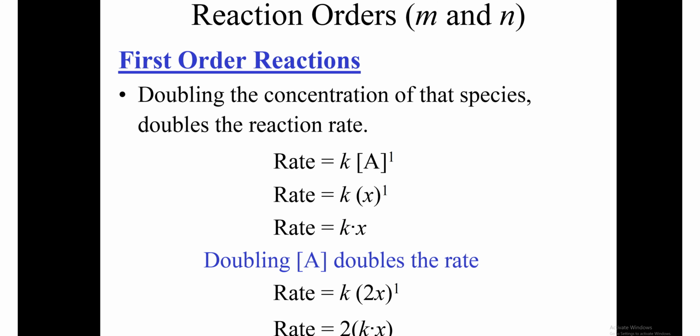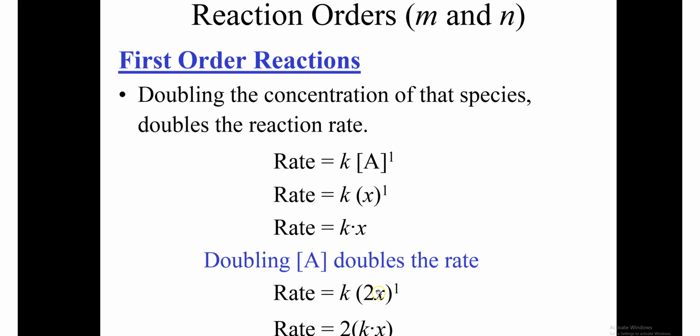On a first order reaction, you double the concentration, it also doubles the reaction rate. Now understand that this is actually a ratio. So if you have the same ratio, in other words a 3 to 3 or a 2 to 2, that's still considered to be first order. As an example, if I put a 1 here and I make it into kx, your rate's going to be kx.